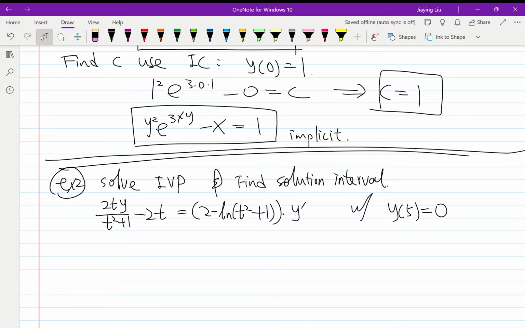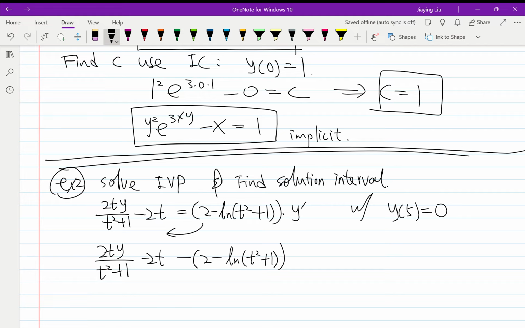So what do we do? We want to put it in the correct form, right? We have to make sure that we have 0 on the right-hand side and the addition between the two terms on the left. So I'm going to move the right-hand side to the left. That will give me 2ty over t squared plus 1 minus 2t minus 2 minus natural log of t squared plus 1 close parentheses y prime equals 0.